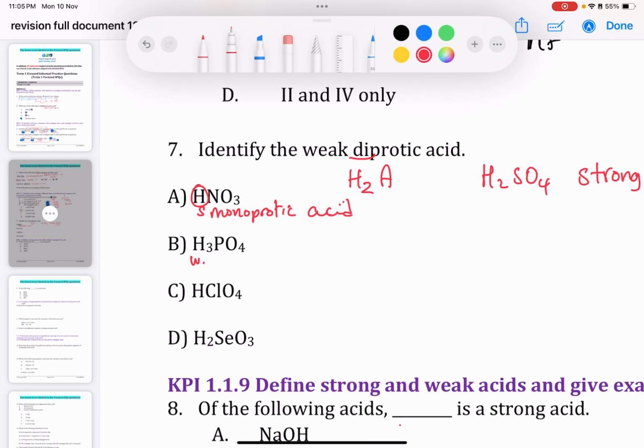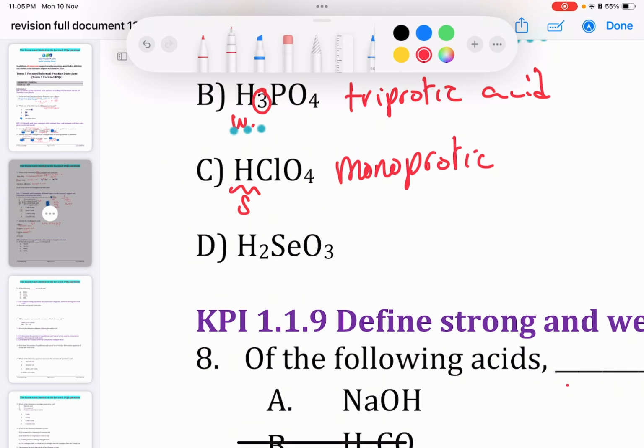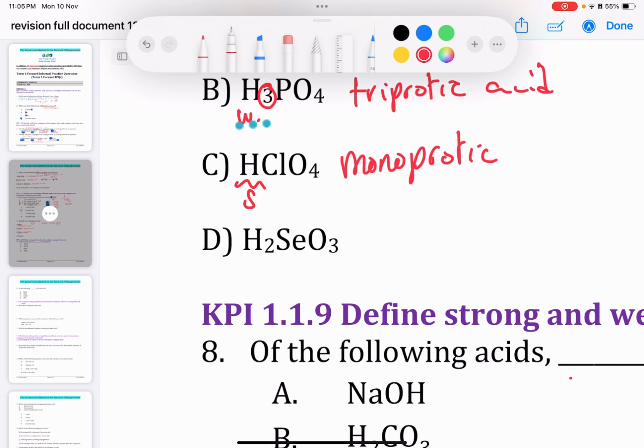This is a weak triprotic acid having 3 hydrogens in it. This is a strong monoprotic, and this one is a weak diprotic acid because it has 2, and that is not H2SO4. So this is a weak acid. It's not part of the list of strong acids.